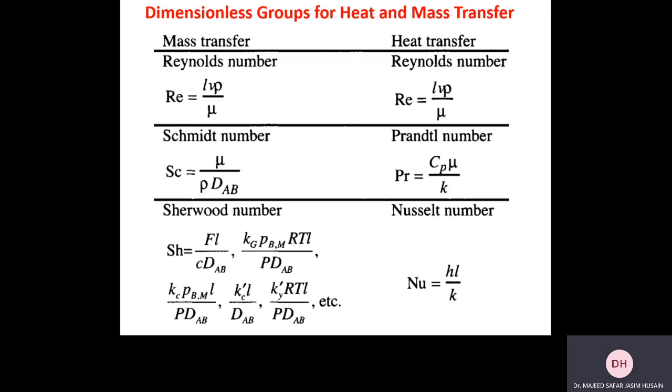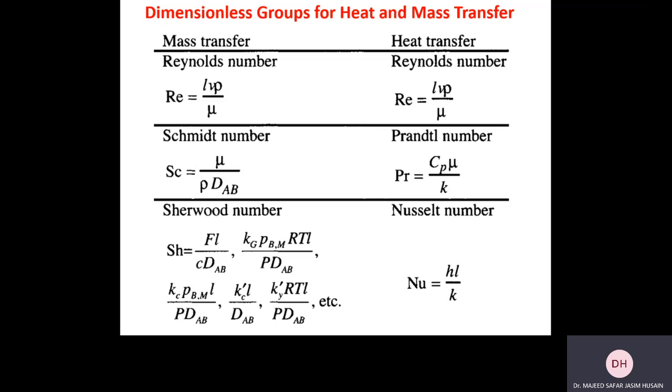The third dimensionless group is called the Nusselt number. The Nusselt number is equal to h, the convective heat transfer coefficient, multiplied by the characteristic length, divided by the conductivity, or heat conduction. So it is a ratio of h multiplied by L divided by k. That's your Nusselt number. Since we are dealing with convective mass transfer, we are going to use the mass transfer coefficient. The corresponding dimensionless number is the Sherwood number.